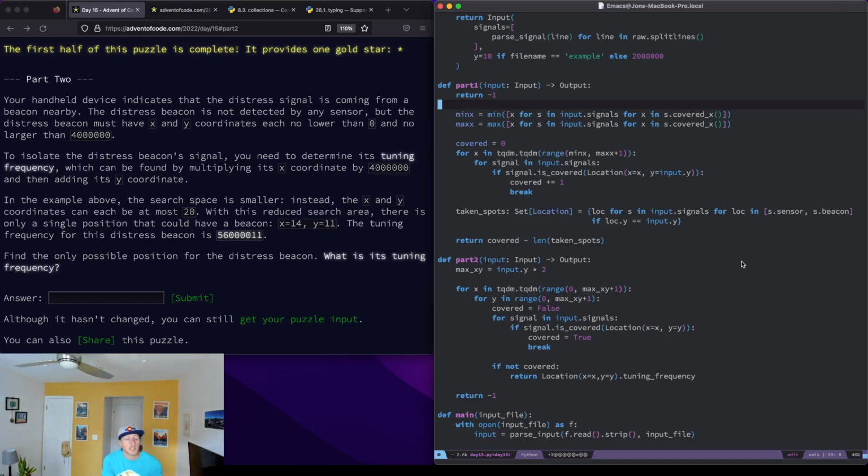And that would take basically O of n squared, where n is 4 million, times the number of signals, which is like 20. But it'd be a little faster than checking is covered for every single one.